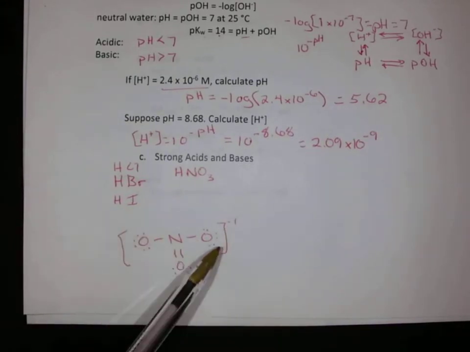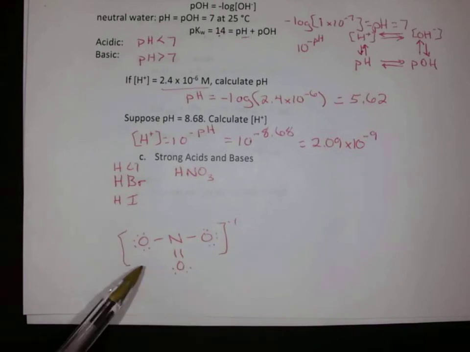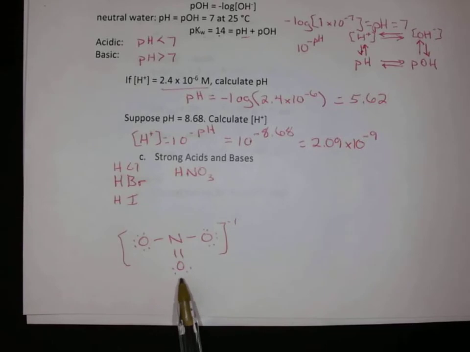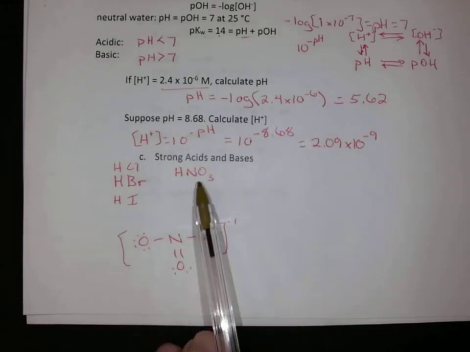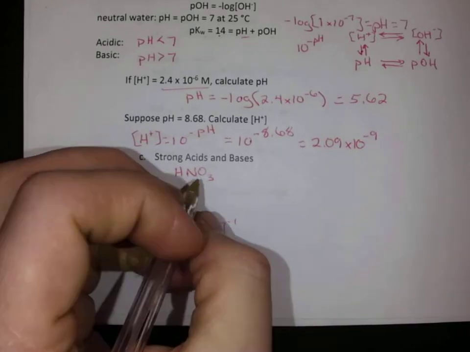We have resonance structures. We have 3 of them, 3 resonance structures for the NO3 1 minus ion, okay? So it's a very stable conjugate base. So then the acid is going to be very strong, right? It's going to almost completely ionize in water, okay? So that's what we say with strong acids, strong bases, completely ionizes in water, okay?